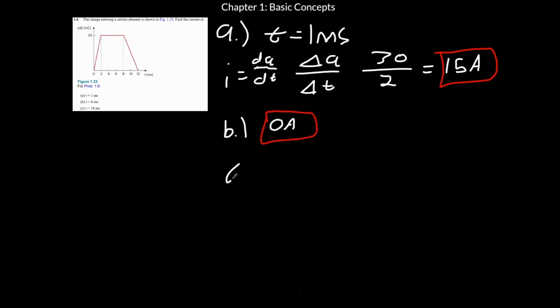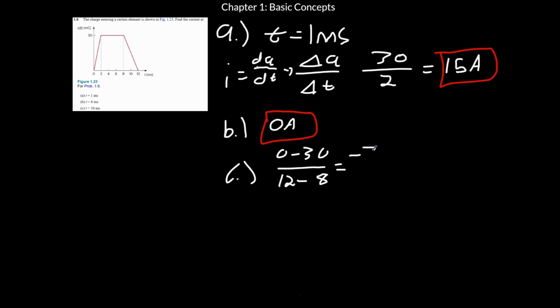And for C, at time equals 10 milliseconds, we can just recognize that this is again going to be this change formula. This time, though, it is going to be in the opposite direction. So we have 0 minus 30 instead of the 30 minus 0, over 12 minus 8.